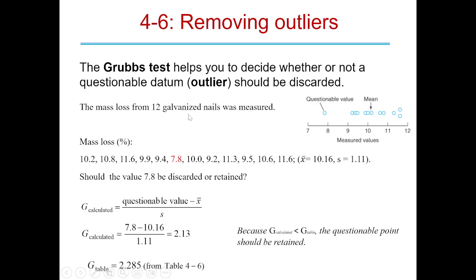And so right here, we see the mass loss of 12 galvanized nails measured. This is the percent mass loss right here. So those are our data points. Here we have our mean and standard deviation. So should we accept or discard this 7.8 value, which is our lowest value?